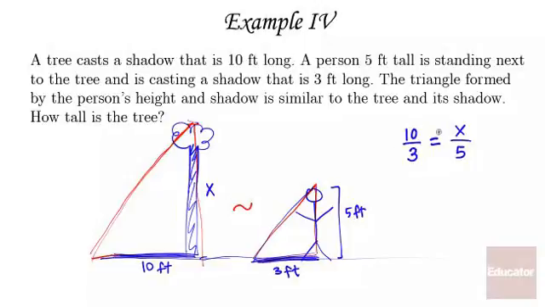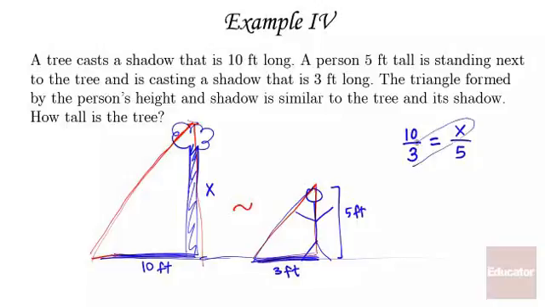Okay, so from here now it's a proportion. Now I can just solve it out. So in this case, I can't simplify this. I can't do the equivalent fraction method because this is already simplified. There's no number that goes into both 10 and 3. So in this case, I just have to use cross products.